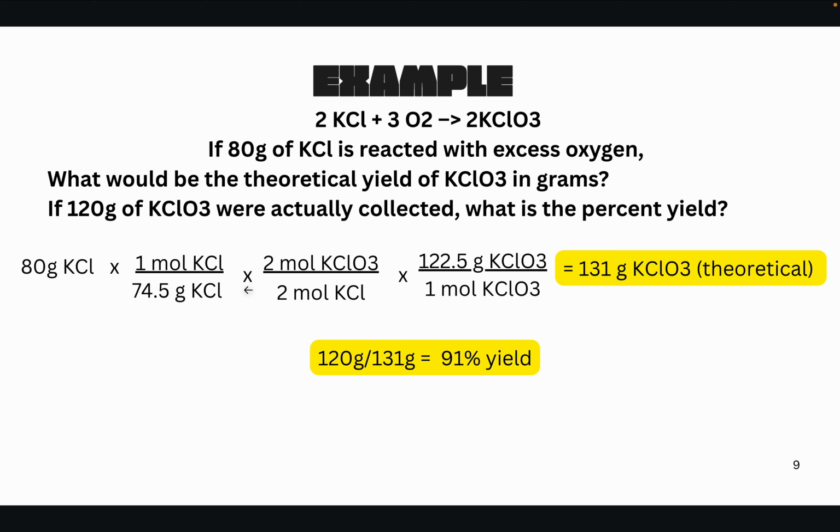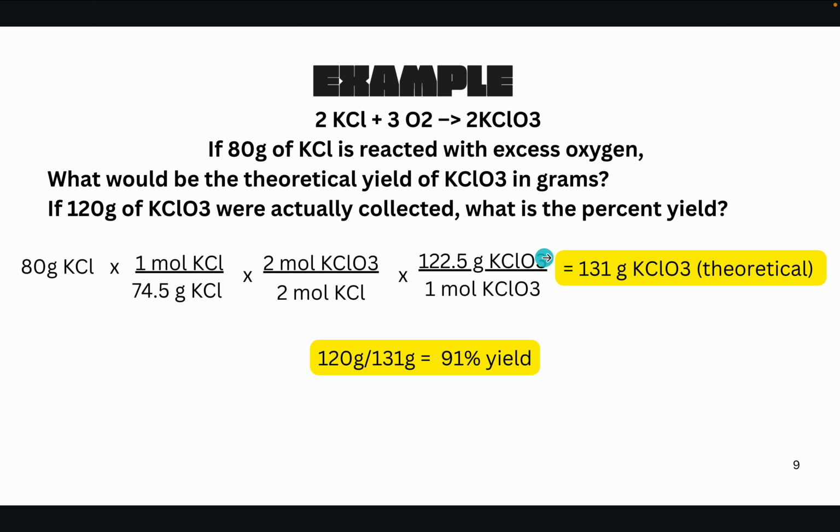So now we need to convert that to how much product we could produce. So we see for every 2 KCl, we can produce 2 KClO3. That's the molar ratio. So 2/2. 2 mole KClO3, 2 mole KCl. You get the gist of it. Now we just have to convert back to grams as they are asking for grams.